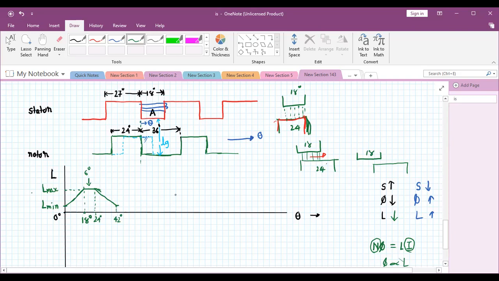Okay. So what we have seen, first of all, it is minimum, then it is increasing, whereas for a small duration it remains constant, then again it goes decreasing.